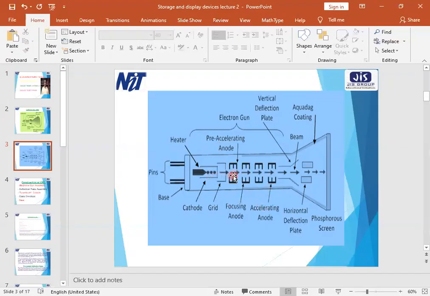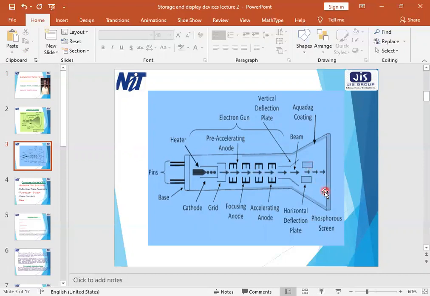During the discussion I will explain that the pre-accelerating anode is put at a very high potential, nearly 1500 volt, whereas the accelerating anode will be put at 500 volt. This is a deflecting plate which deflects the electrons along the vertical direction, that is the y shift, and these two are the horizontal deflection plates.